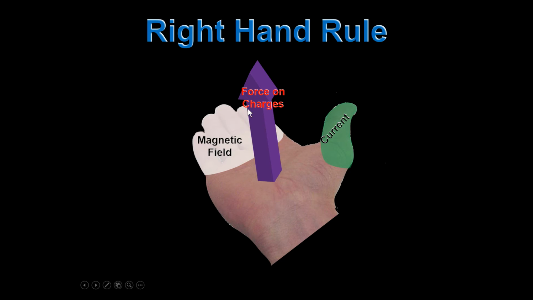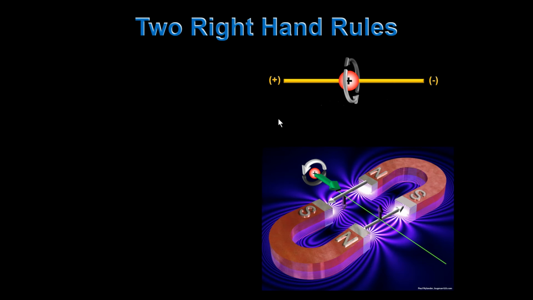So this would be like the magnetic field from a permanent magnet, and it runs from north to south. If we have a positive charge going this direction and it hits a magnetic field in this direction, the palm of our hand is going to point in the direction of the force that's created from the magnetic field of the moving charge hitting the magnetic field from a permanent magnet.